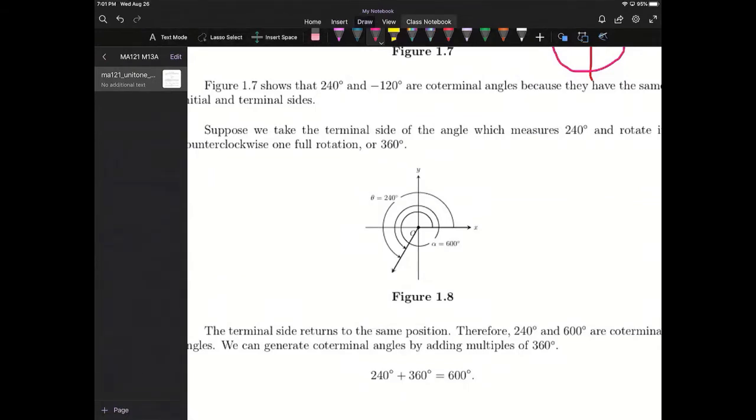Notice that 600 goes more than one full rotation of the circle, right? It starts from the same position right here, but it goes one full rotation of the circle and has to keep going more. So there are angles that go one full rotation, two full rotations or more. This is an example of them.